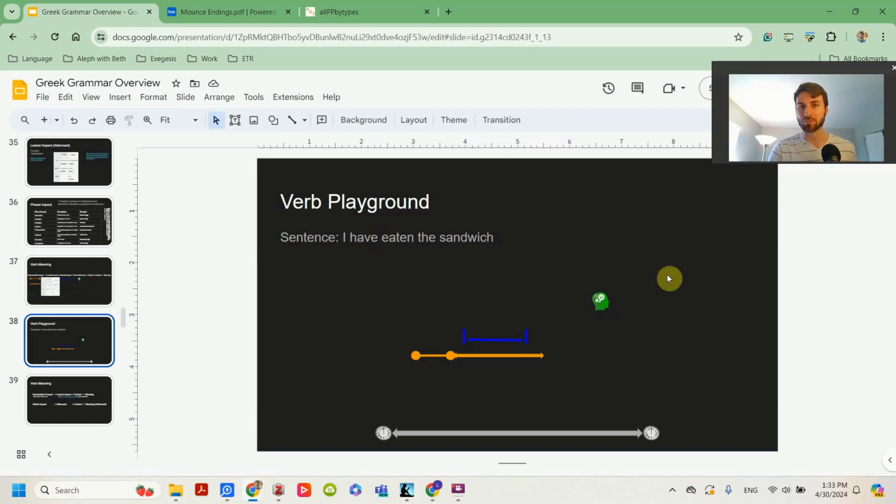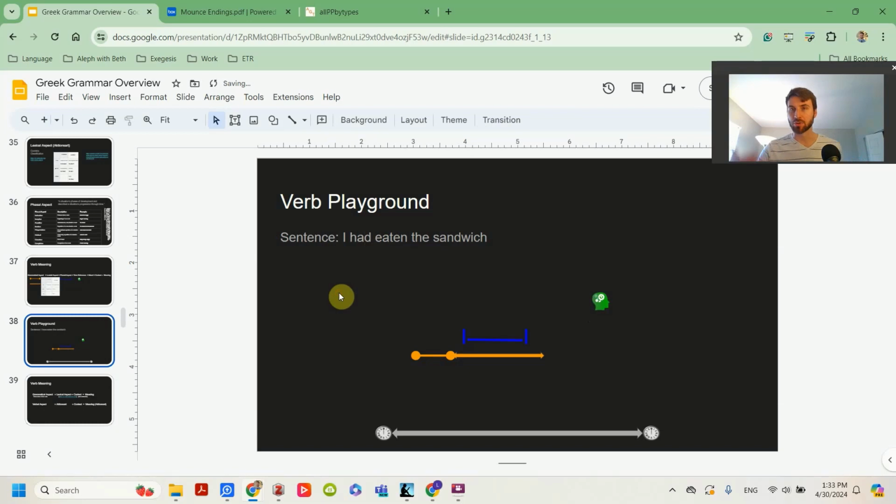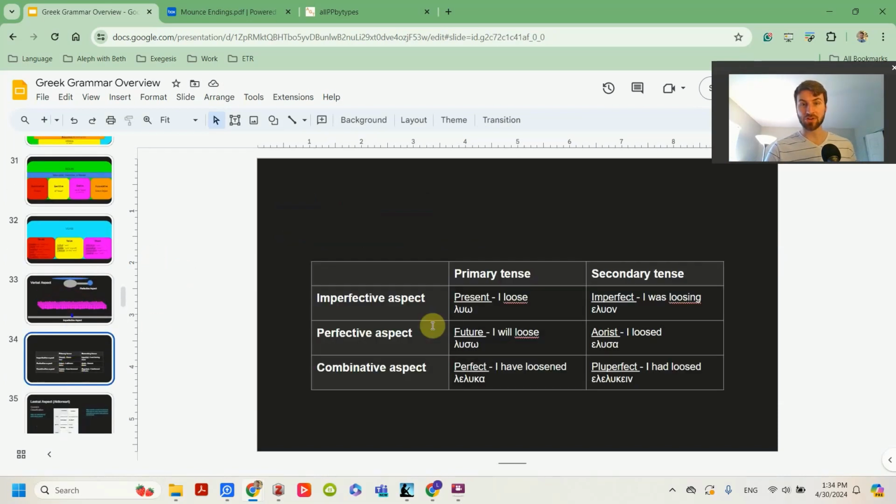So often the pluperfect is more removed from the narrative, as they're talking about a narrative. So this would normally be translated with had. That's a way of pushing it one step into the past. And that is all of the tenses in Greek. You now know this full chart.